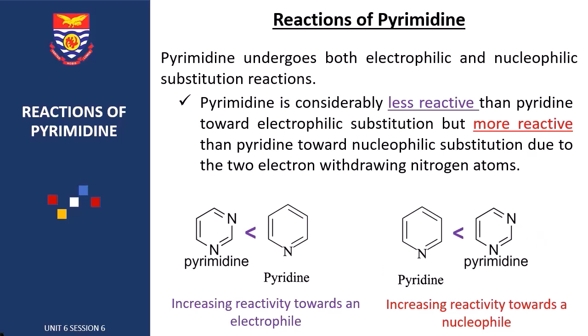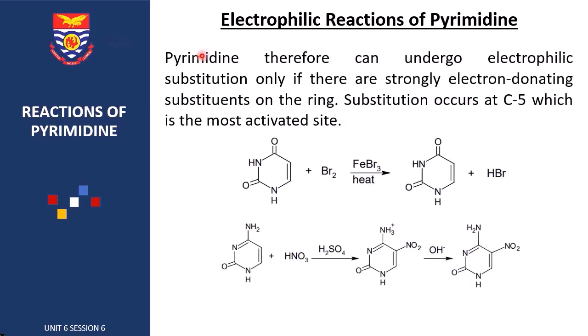So due to that, pyrimidine undergoes electrophilic substitution reaction only if there's a strong electron donating substituent on the ring. Because pyrimidine is not very reactive towards electrophiles, the best way to activate a site on the ring is to introduce an electron donating substituent on the ring.